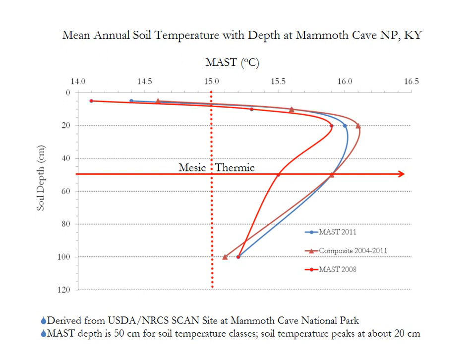Note that the maximum actually occurs at about 20 centimeters, which is about the bottom of the clay layer. And also that soil taxonomy uses the 50 centimeter depth here, and you'll see the mesothermic threshold here, 15 degrees C, and our temperature values are on the thermic side for most of that time.